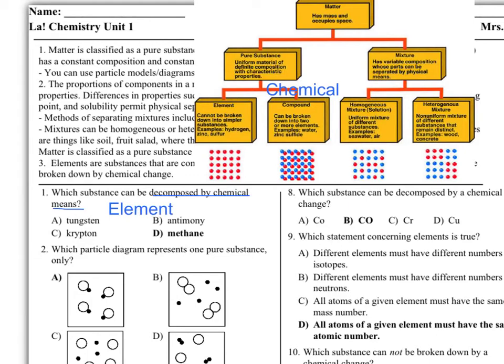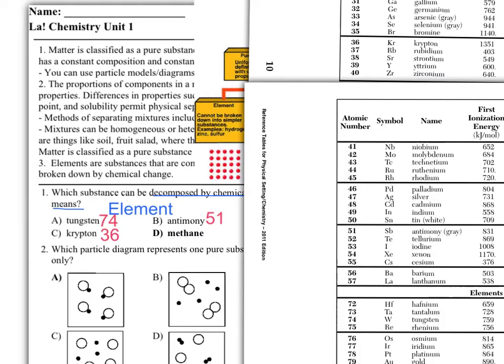So what we'll need to do is refer to our periodic table of elements. Now, instead of looking at the simple periodic table of elements, we're going to refer to table S, the table of selected elements, so that we can verify the existence of elements. Okay, so we've pulled up our reference table S, and on reference table S, we have the names, symbols, and atomic number of all of the elements.